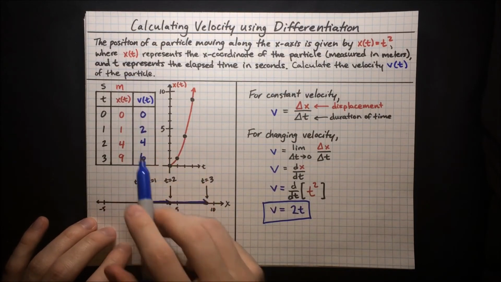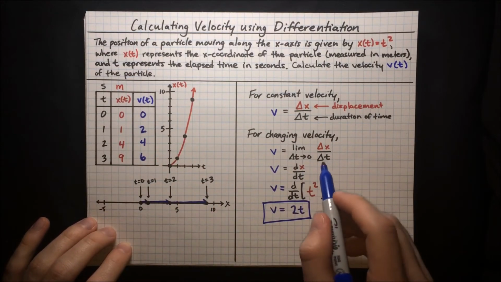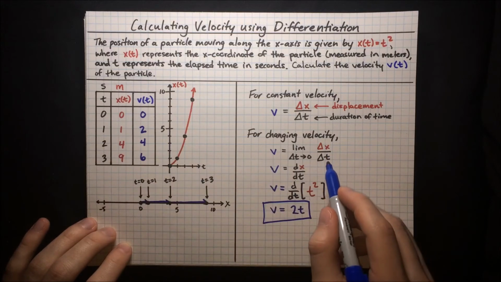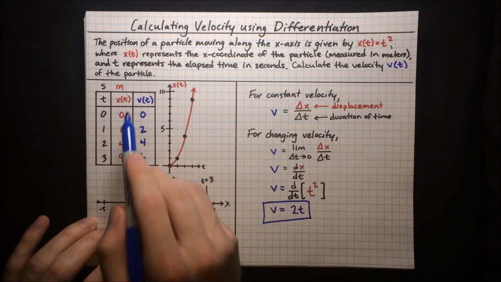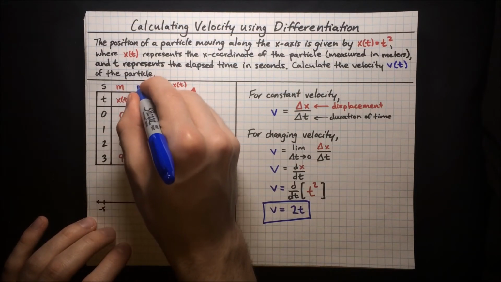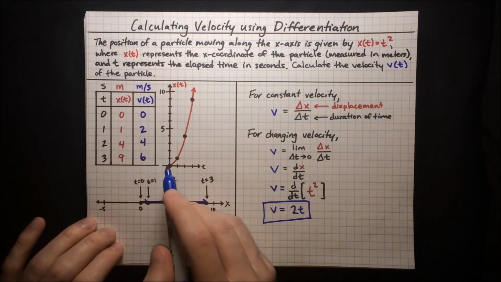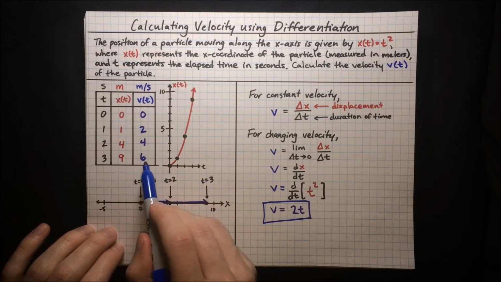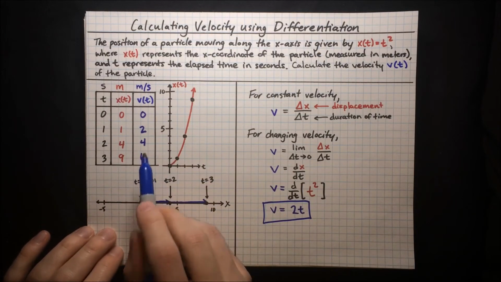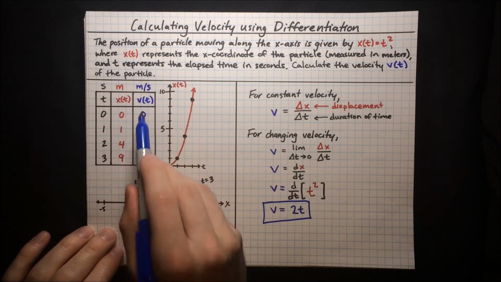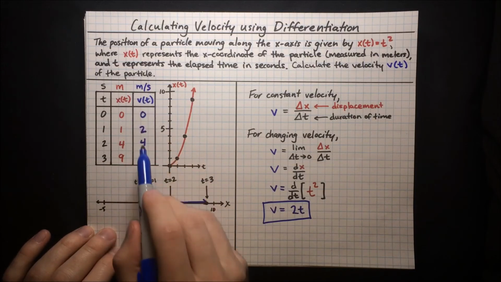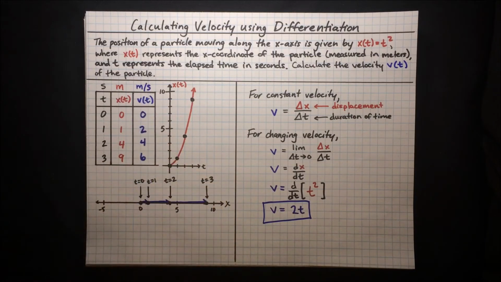Well, velocity consists of dividing the position by the time, so that's dividing meters by seconds, so velocity units are just meters per second. So what these velocity measurements mean in terms of physical quantities, it means 0 meters per second, 2 meters per second, 4 meters per second, 6 meters per second.